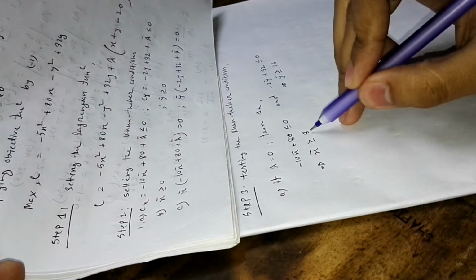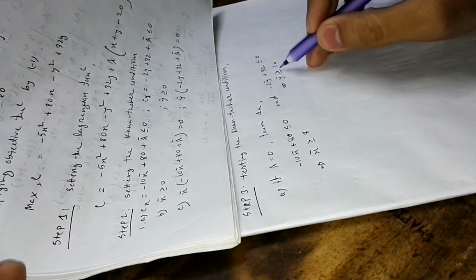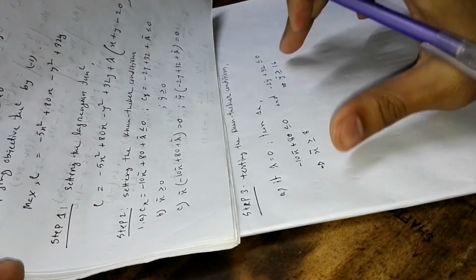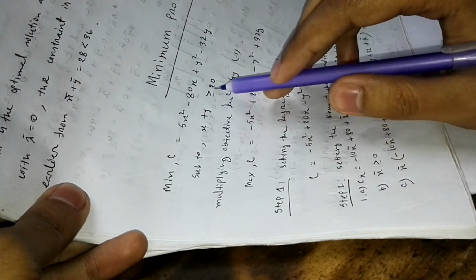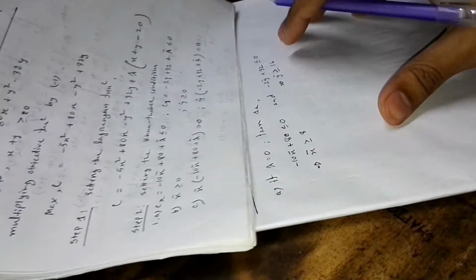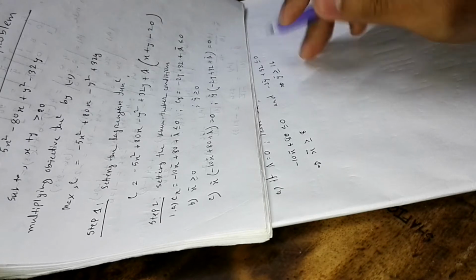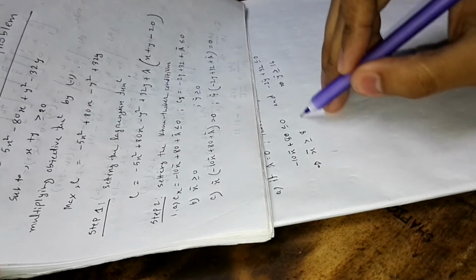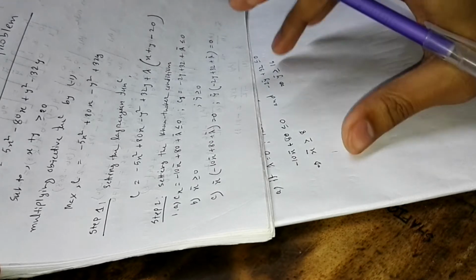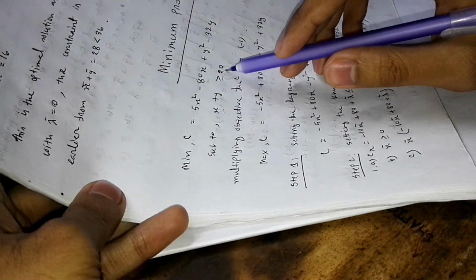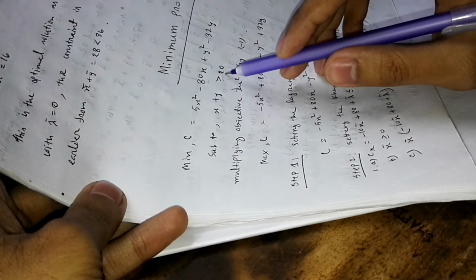So let's assume the value of x is 8 and the value of y is 16. The objective function is saying x plus y would be greater than 20. So if we sum x and y, which is 8 plus 16, that appears as 24, right? That means it is supporting this one, which is greater than 20.